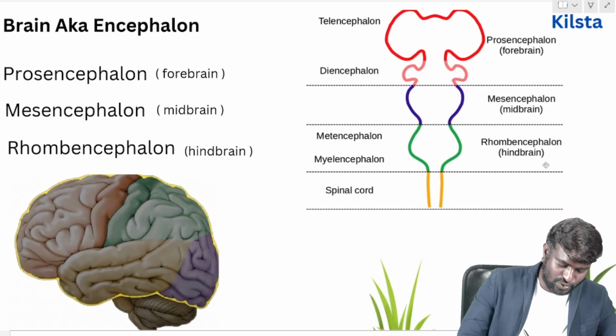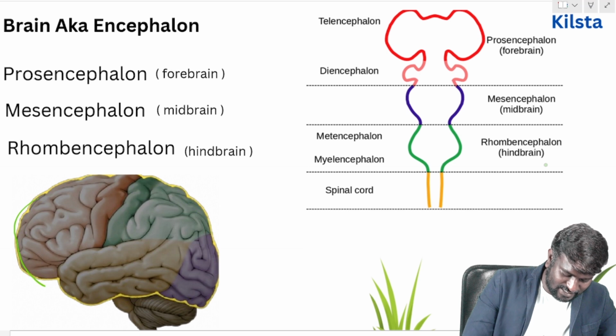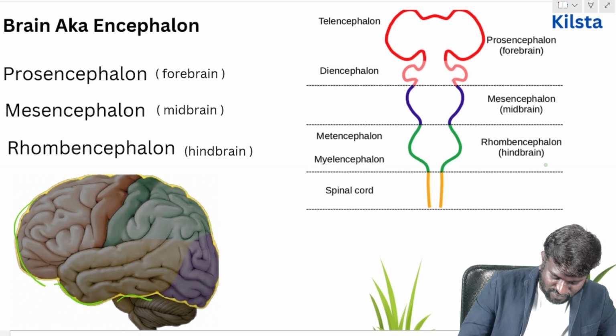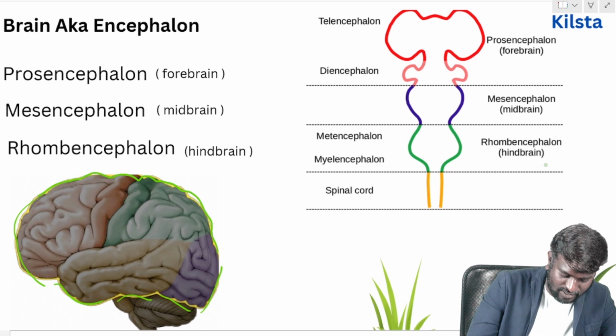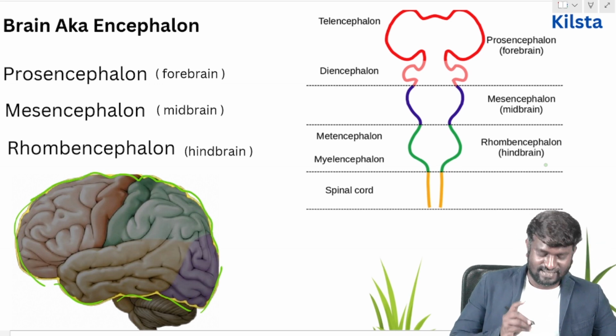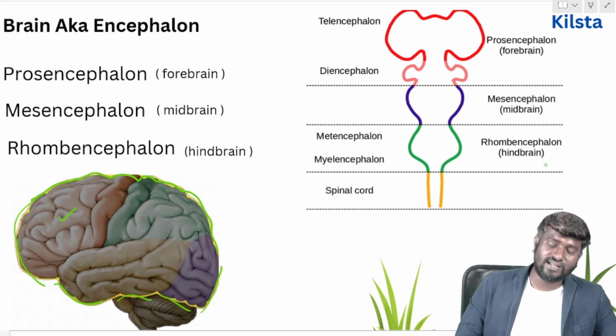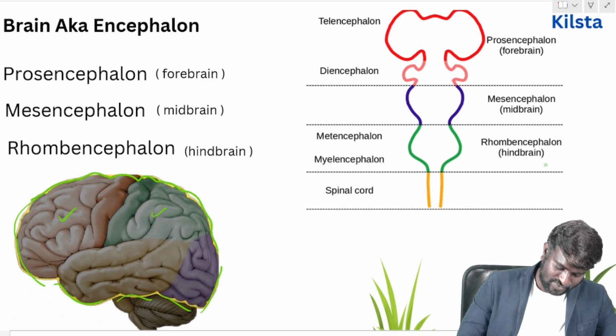The brain which you are seeing here is also called the encephalon. Yes, you heard it right. This is going to be the frontal lobe of the brain, the parietal, temporal and the occipital.